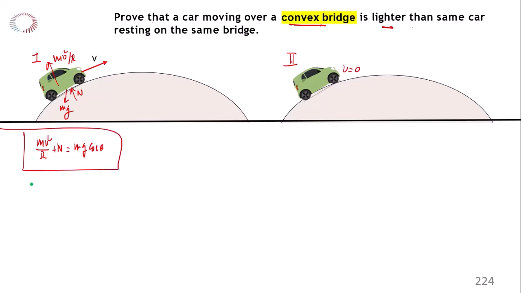So from that we can write N for case number 1 should be equal to mg cos theta minus mv square by r. This quantity.